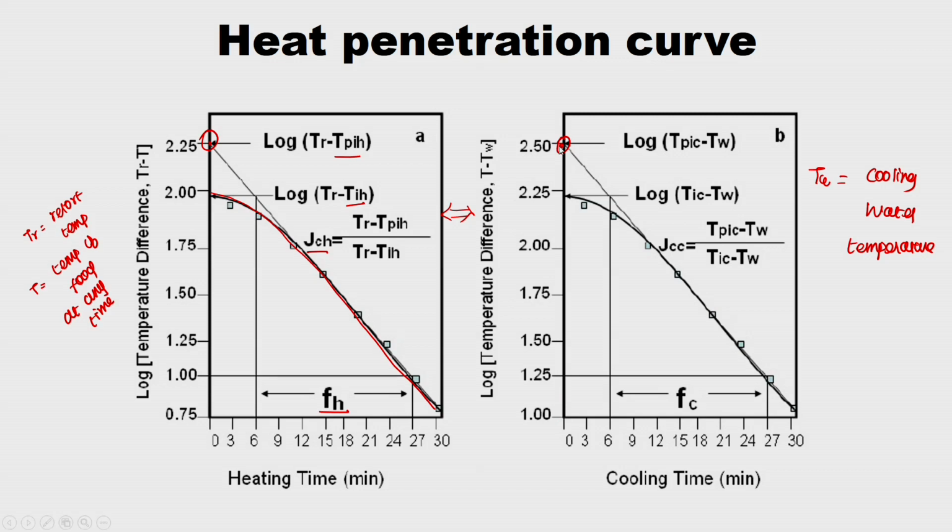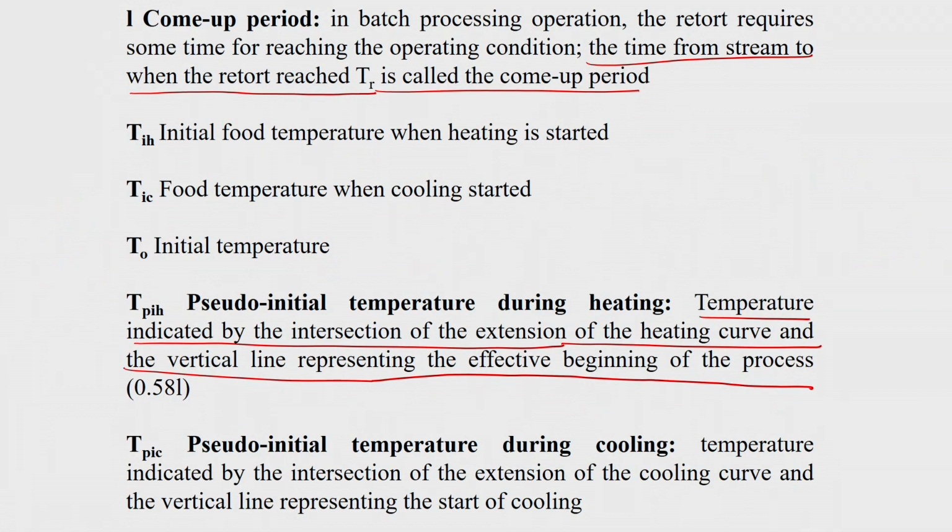That is nothing but TPIC minus TW. Right, and normally we take, so this we will discuss a bit while doing problems, normally we take 0.58 of CUT. This we will discuss with some example. As of now it is nothing but 0.58 of come up period.